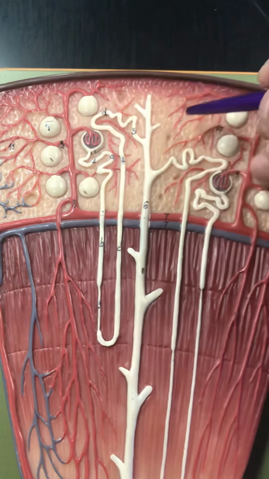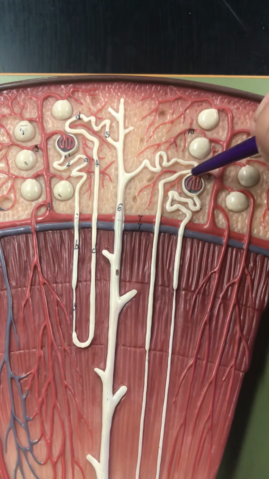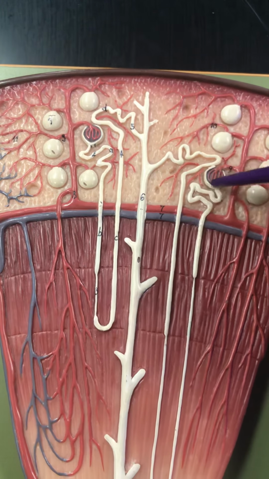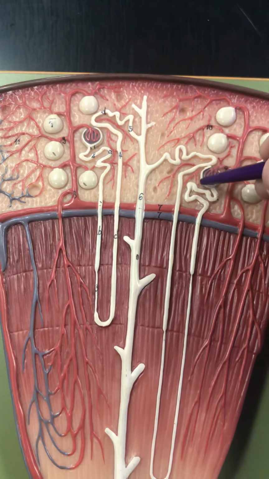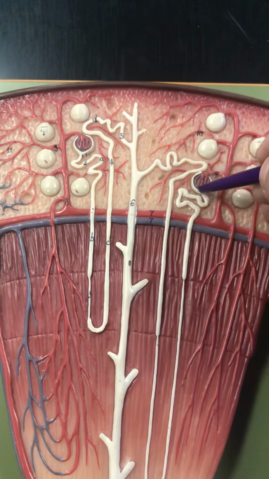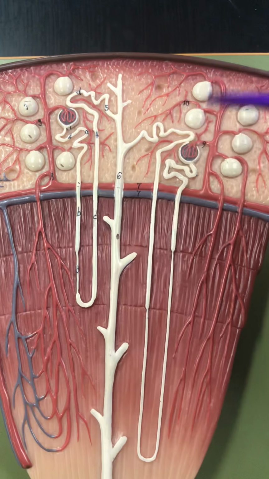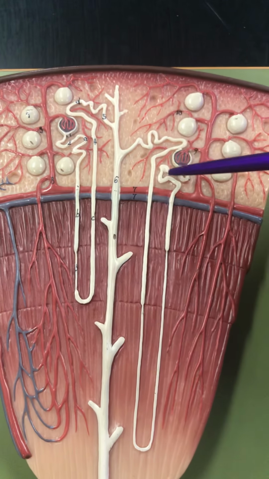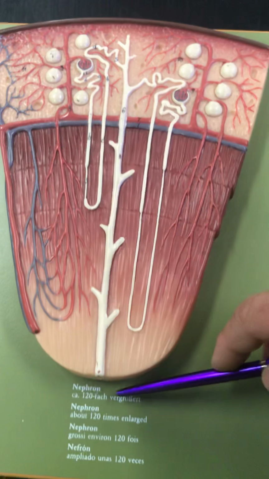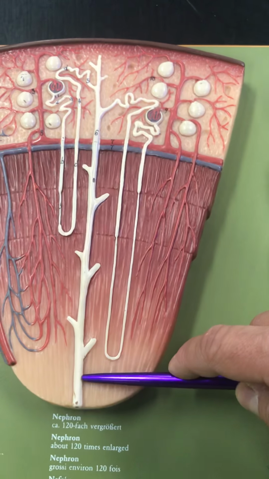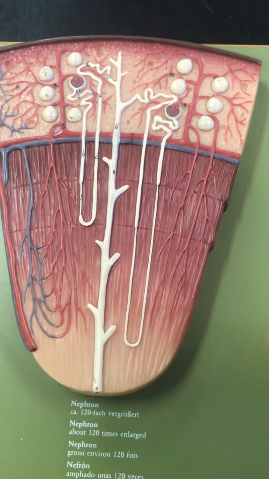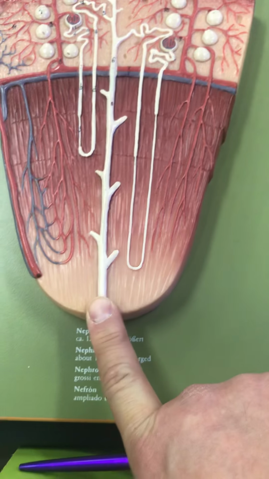And it's these afferent arterioles that we're going to use to filter. As we filter, fluid and salts go into the capsule, then go into a system of tubules, which allows us to reabsorb any of the water and the salts. Whatever is not reabsorbed will be found in the urine.